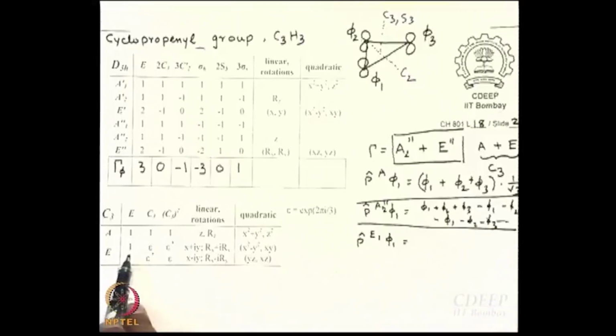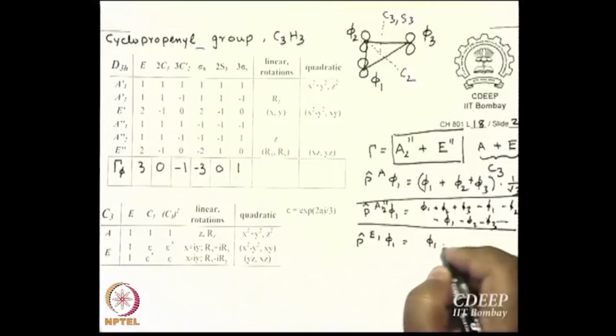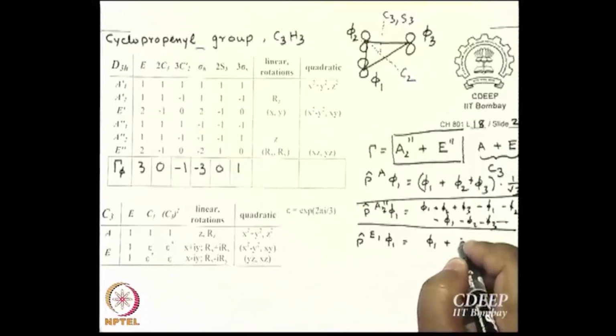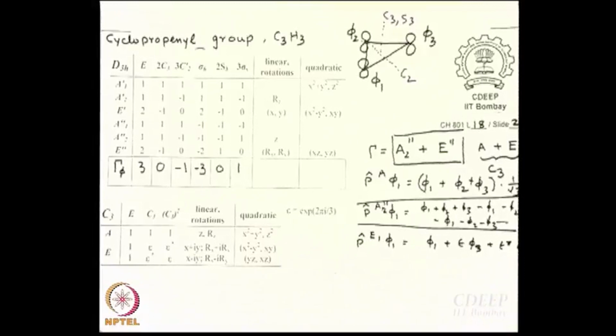PE1, 1 epsilon epsilon star on phi 1: phi 1 plus epsilon phi 2 plus epsilon star phi 3, or epsilon phi 3 plus epsilon star phi 2, doesn't matter what you write.